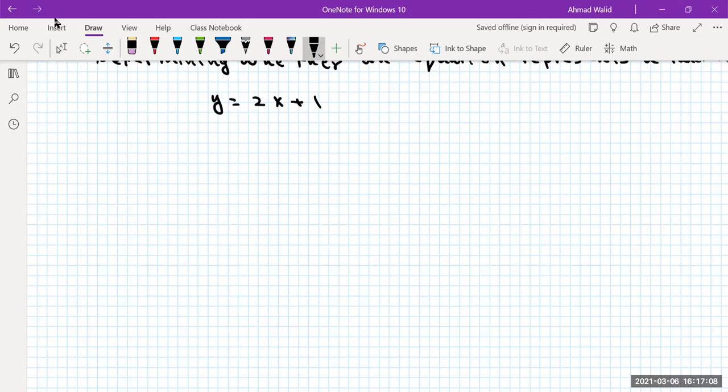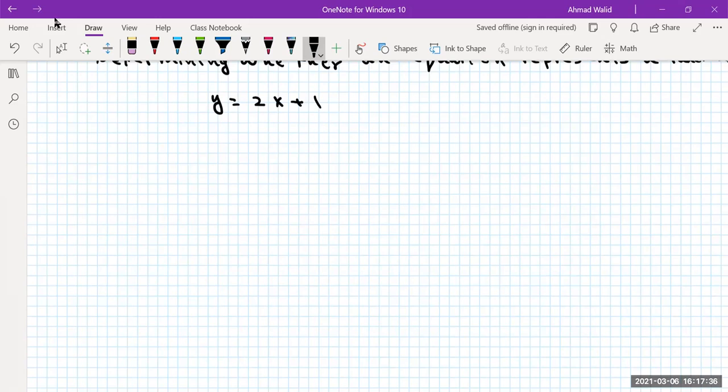I put the word can here because some of them do not represent a function. They have two variables, but still they cannot represent a function. Of course, the example that I write here for you is definitely a function. Later you will know why.